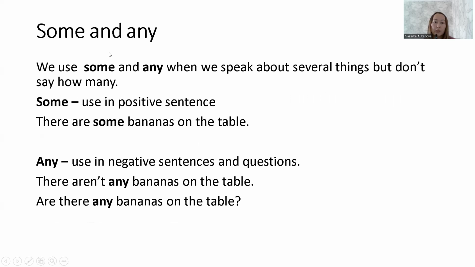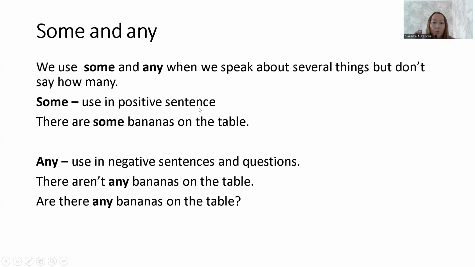Okay, let me talk about some and any. We use some and any when we speak about several things but don't say how many. So we don't know the quantity, how many or how much. In this case, we use some and any. We use some in positive sentences.